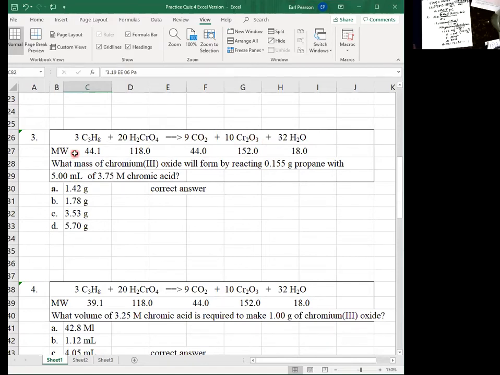The molecular weights are given below each one in the equation. And the problem is asking us what mass of chromium 3 oxide will form by reacting 0.155 grams of propane with 5 milliliters of 3.75 molar chromic acid.